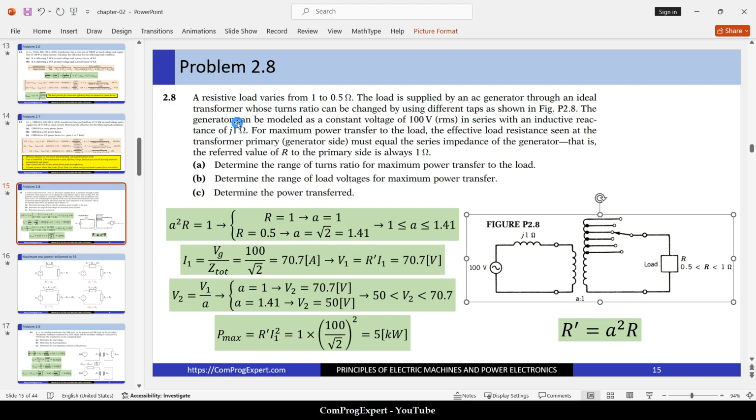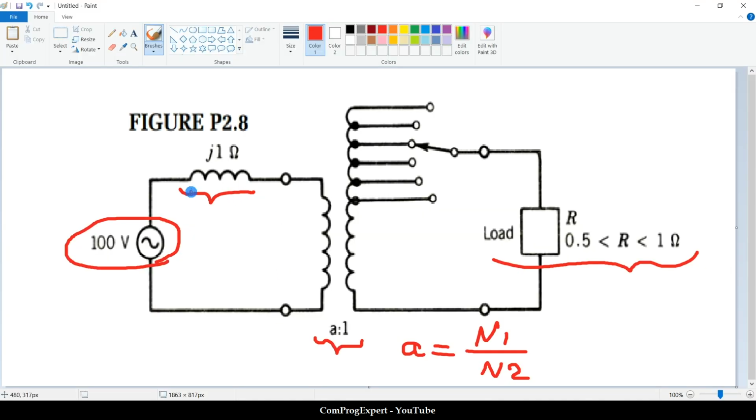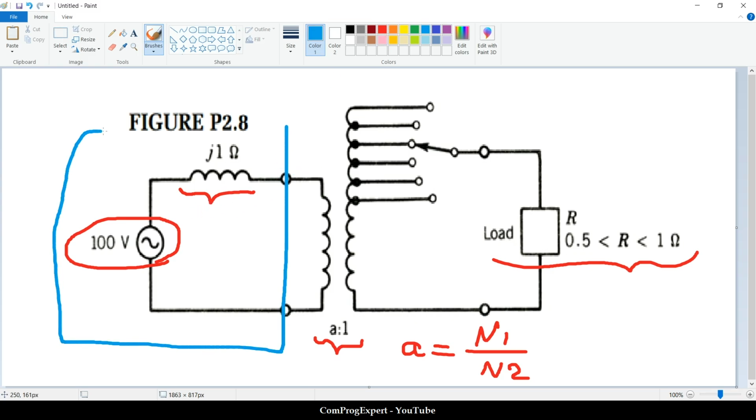The generator can be modeled as a constant voltage of 100 volt RMS value in series with an inductive reactance of 1 ohm. So this is the generator model, right? This side is the model of the generator. One voltage source, constant voltage, and this inductor.